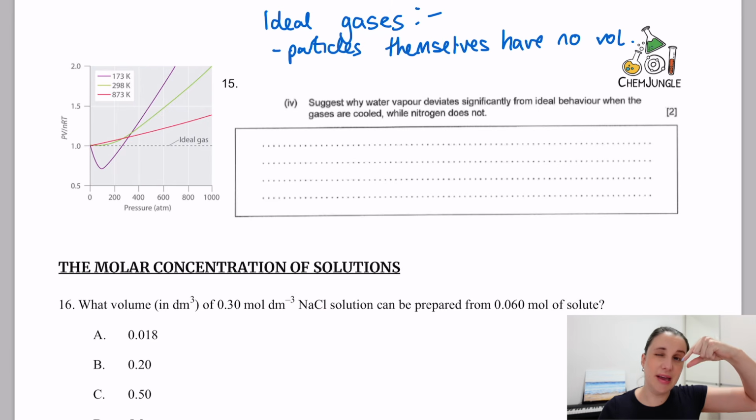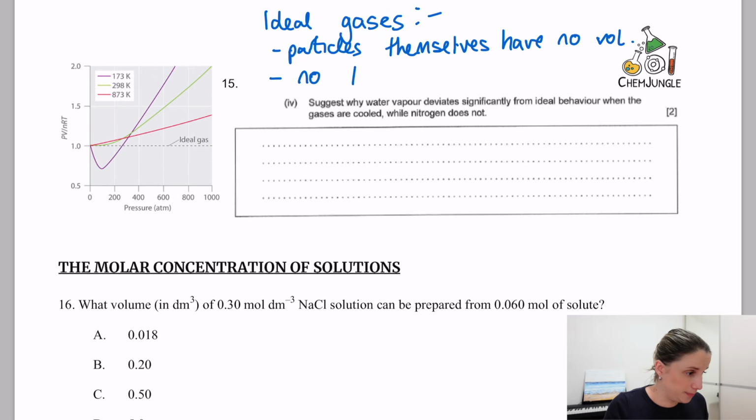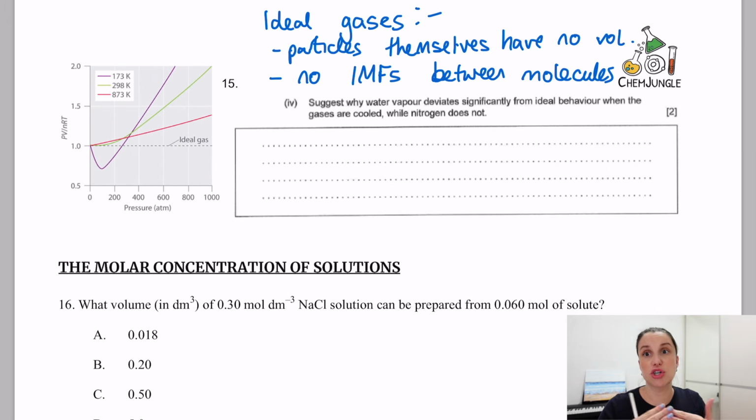I don't care about how big the particle is itself, which is a fair assumption, because in gases the particles are so far apart from each other that the size of the particle itself doesn't matter so much. You also have to assume that there are no intermolecular forces between molecules. So we're assuming that there's no attraction between those molecules, because that attraction again could influence how they're moving and how close they are together.